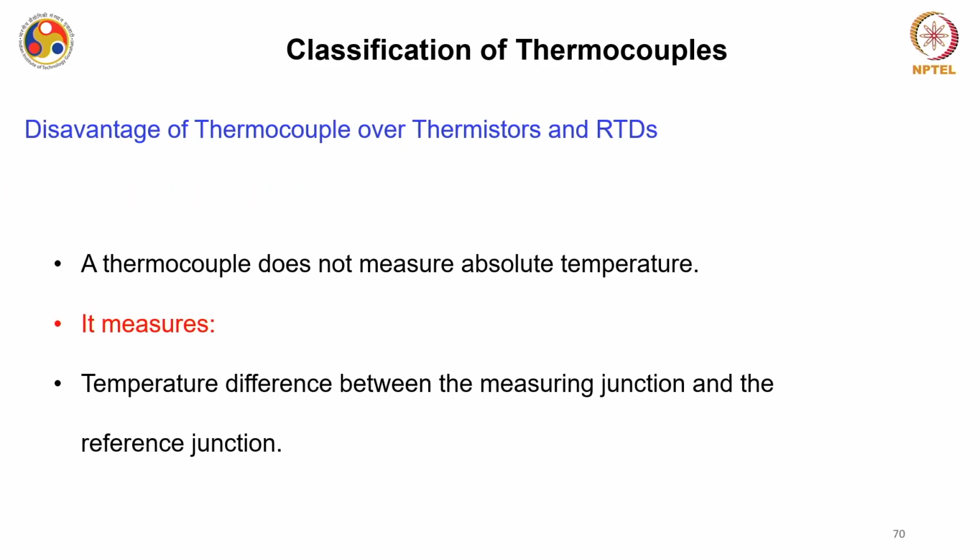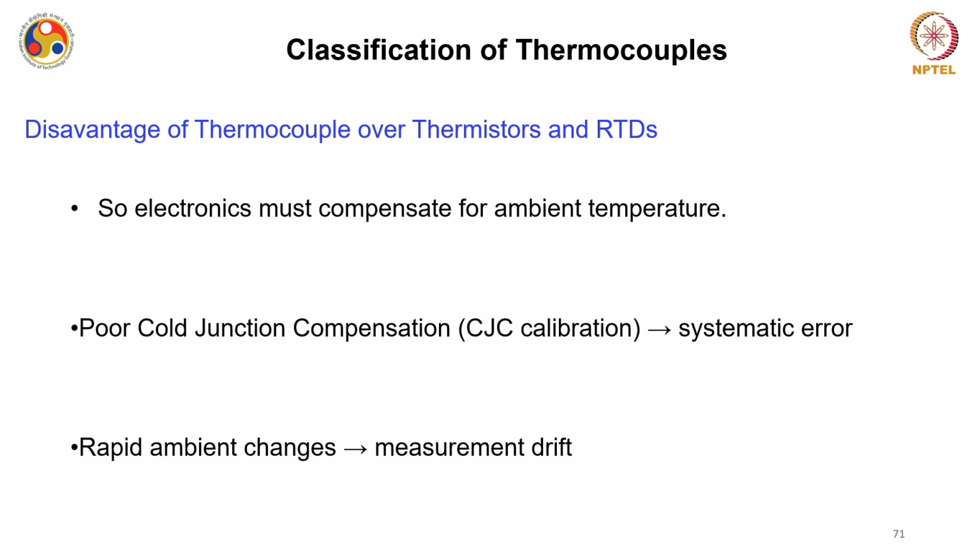Okay. Now the disadvantages of thermocouples compared to thermistors and RTDs: a thermocouple does not measure absolute temperature. Okay, it basically measures the temperature difference between the measuring junction and the reference junction. Since you are measuring a temperature difference in place of direct temperature, you must have electronics or circuitry to compensate for any variation in the ambient temperature.